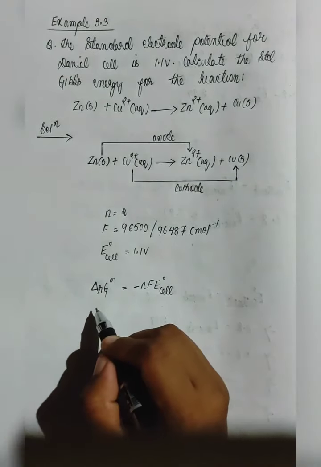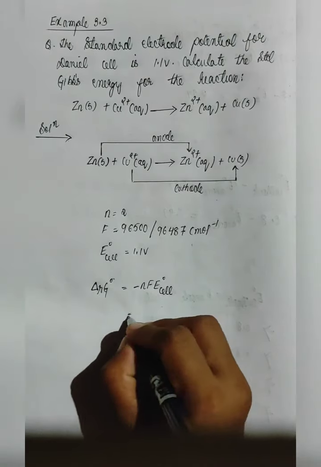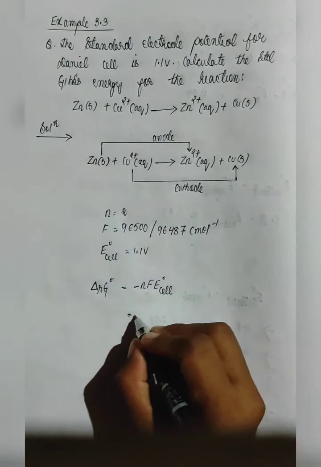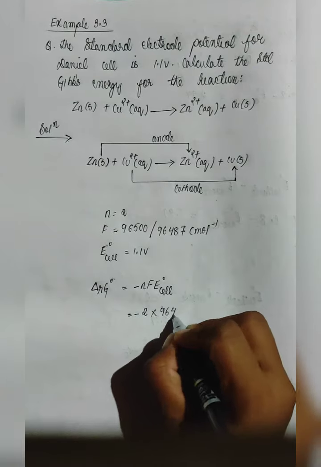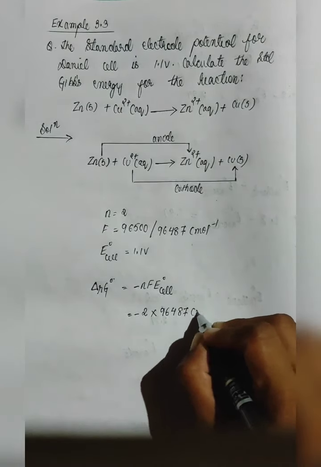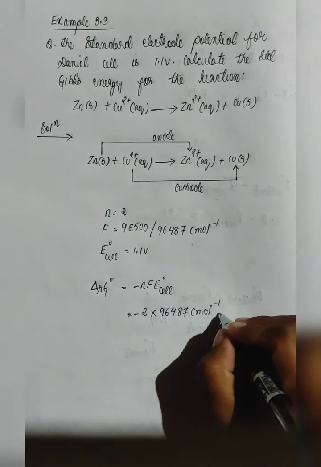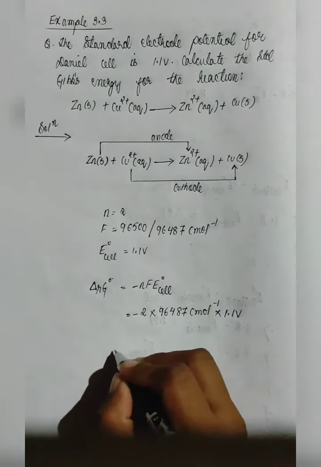This is the formula used for the calculation of standard Gibbs energy. Now what is n? n is the number of electrons participating in the reaction. We know it is 2. Faraday's constant is 96487 coulomb per mole. You can either take 96500. What is E naught cell? E naught cell is 1.1 volt.